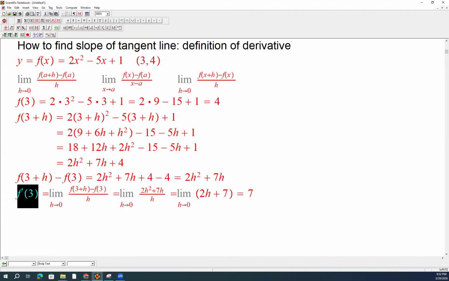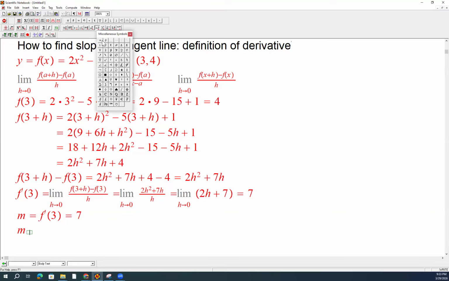So this is also the slope of tangent line. And that slope is a derivative of the function at 3, which equals to 7. Then what will be the slope of the normal line? The slope of the normal line would be the negative reciprocal. So it's negative 1/7.